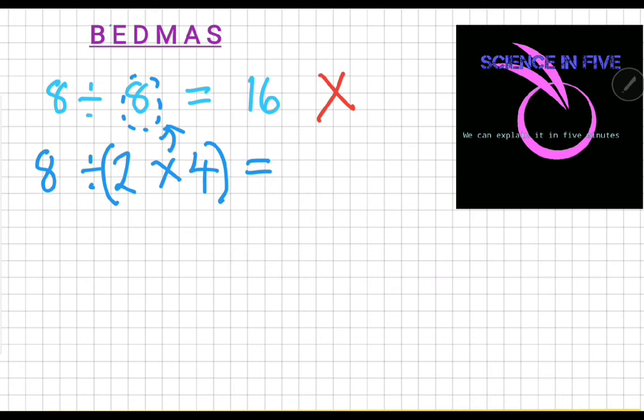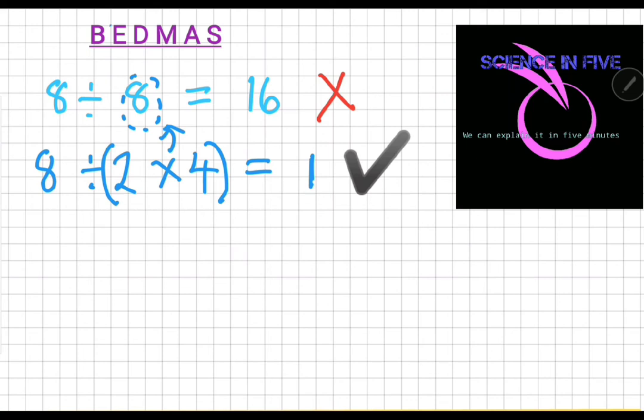So you can see that the introduction of a bracket here has allowed me to see how the sum is. Okay? This bracket now tells me that 8 divided by whatever is inside the bracket, which is the 8, gives me the correct answer of 1.